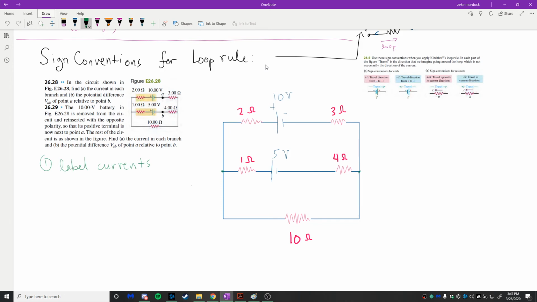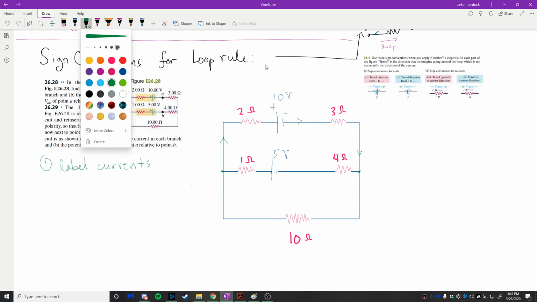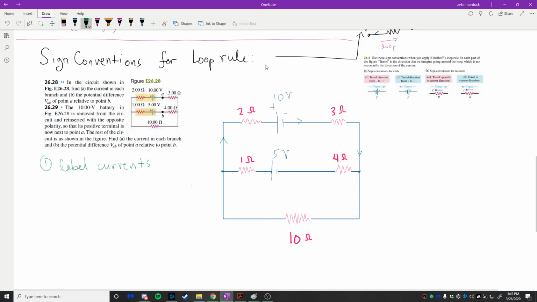So I'm going to define the current flowing in the upper branch right here, all the way through to there, to be I1. So the current flowing in the upper segment of the circuit is I1. The current flowing in the middle portion of the circuit, I'm going to call I2.